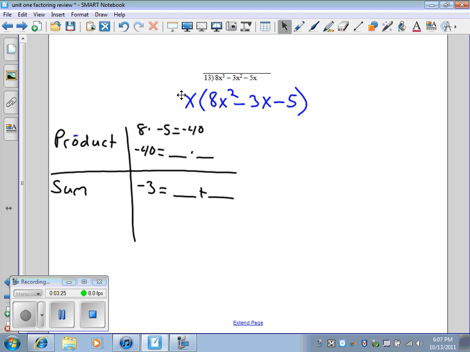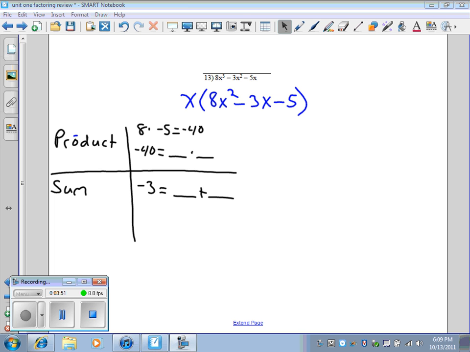So factors of 40. You have 1 and 40, 2 and 20, 4 and 10, 5 and 8. So I want the difference of 3.